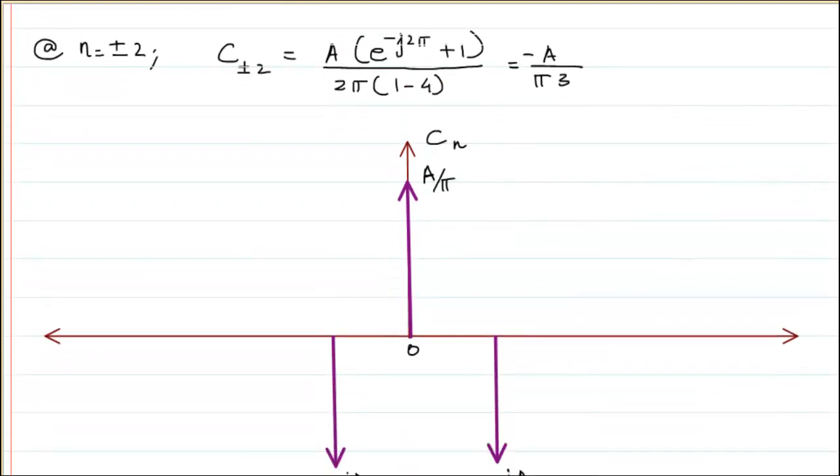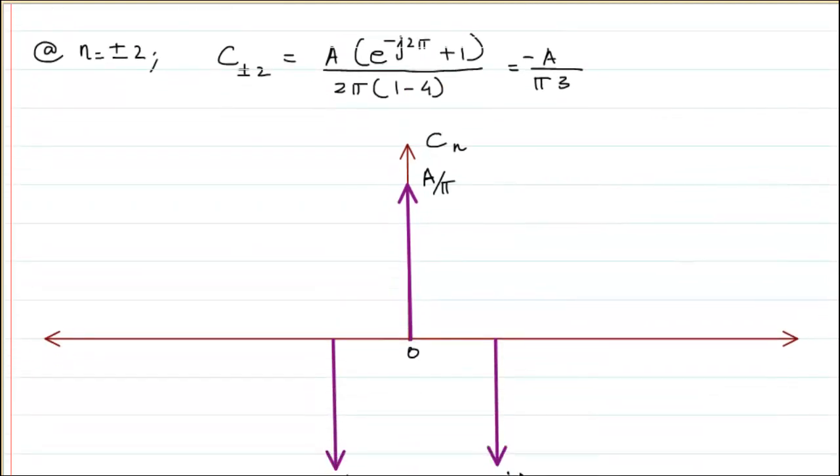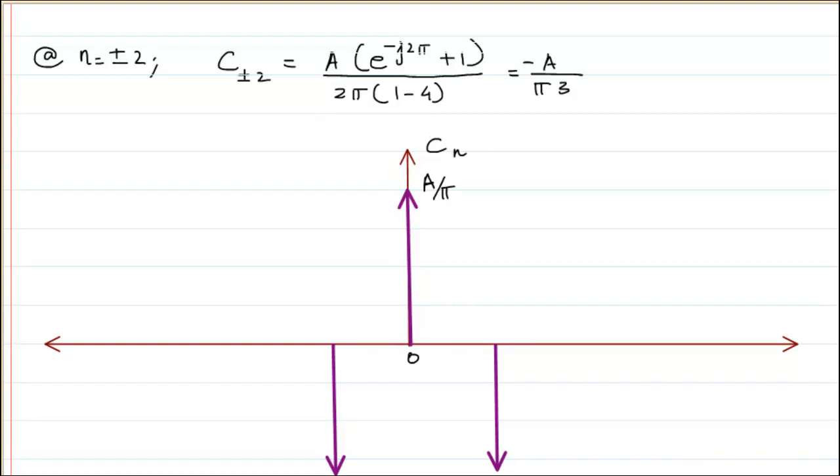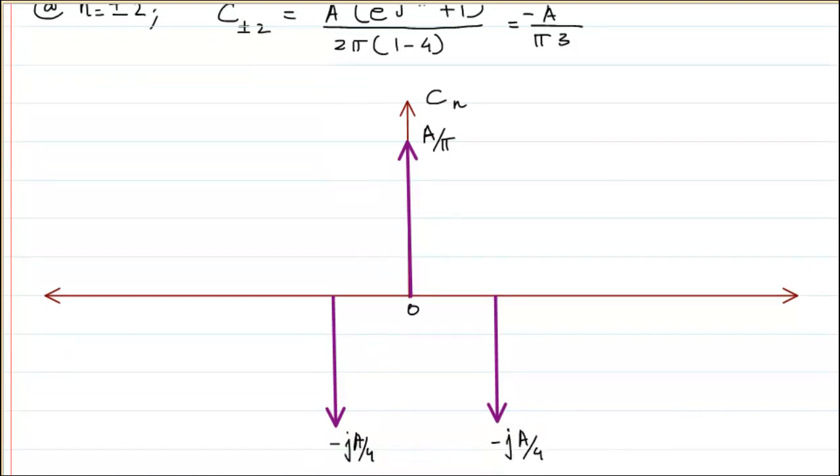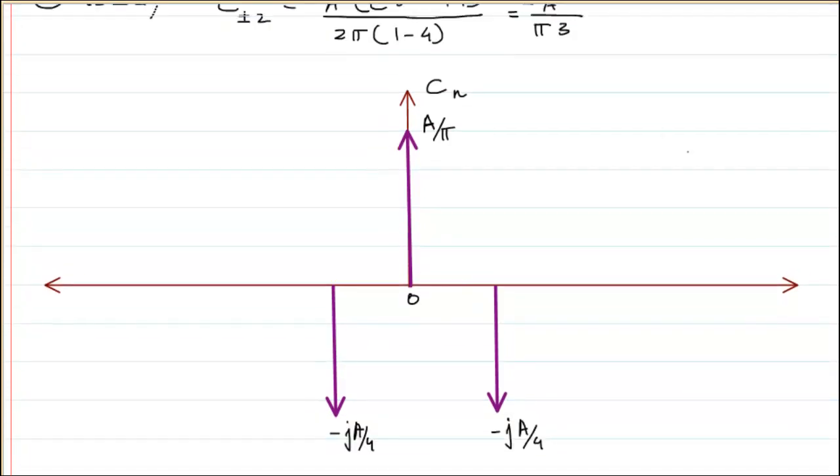The next one that I have got is for n is equal to plus minus 2, which is minus a by pi by 3. So minus a by pi by 3 means I have to draw it at 2, and it is minus, so again I have to draw it in negative direction, with this much height.